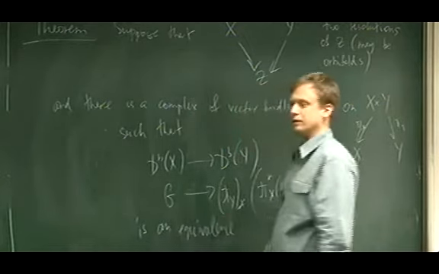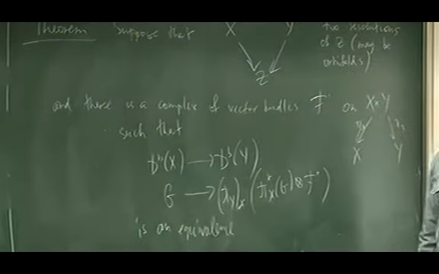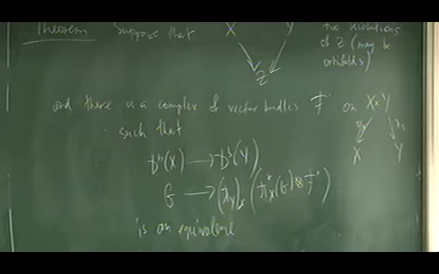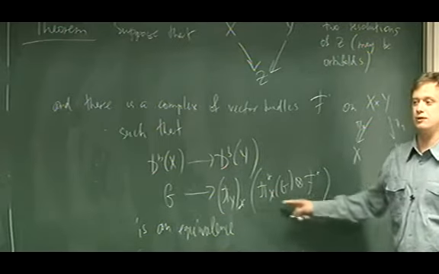In all nice situations, equivalences are given by such a complex of vector bundles. If X, Y and Z are projective, this is actually a theorem proved by Orlov. If they're not projective, one has to be careful to make sure that this is well defined.